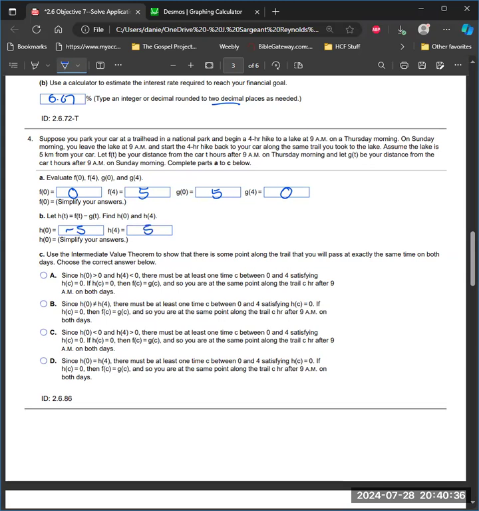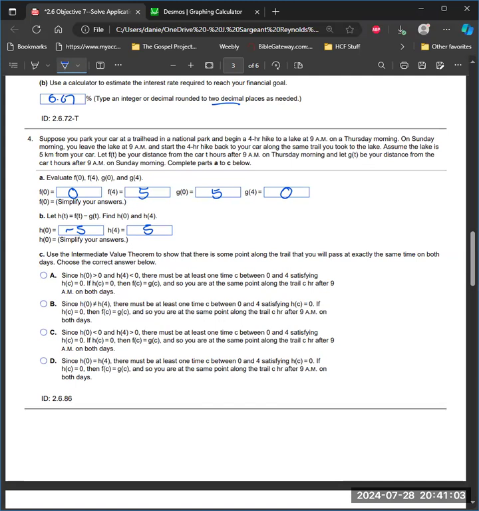Use the intermediate value theorem to show that there is some point along the trail that you will pass at exactly the same time on both days, where the difference will be 0. So 0 is definitely between -5 and 5 somewhere. There's a 0 point where you pass the same point at the same time.